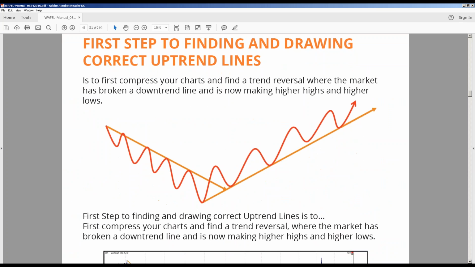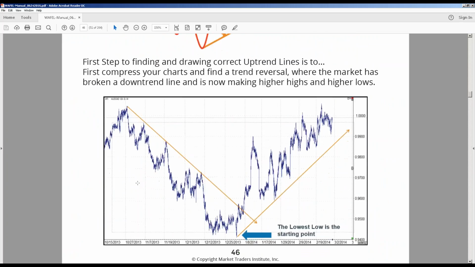Right, now the first step to finding and drawing correct uptrend lines is to first compress your charts and find a trend reversal where the market has broken a downtrend line and is now making higher highs and higher lows.